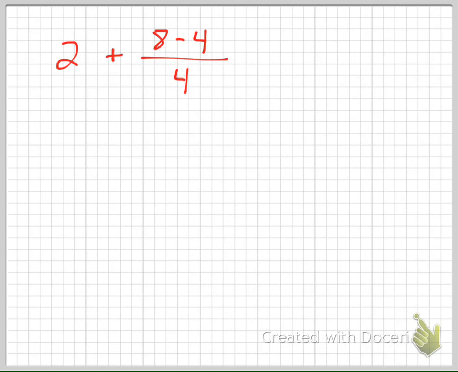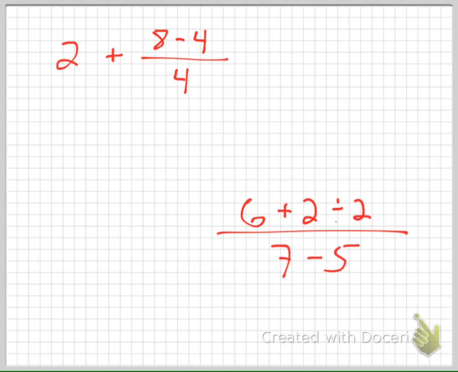Okay. Here's the weird thing about this. Ready? Do you see any parentheses there? No. There are. You just don't see them. Whenever you have a string of, like a big, humongous division problem, 6 plus 2 divided by 2 divided by 7 minus 5, here's the deal.